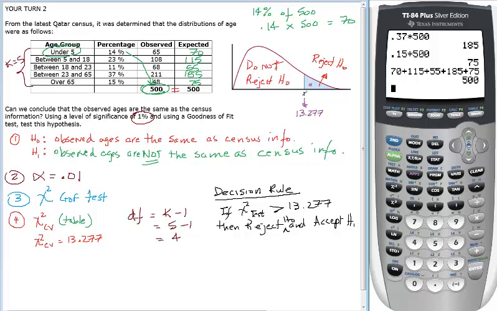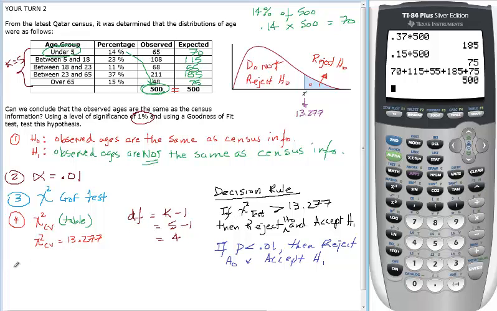Now, if you're just using the p-value test, then your decision rule is very similar, except we should know it by now. If p is less than alpha, which is 0.01, then reject H0 and accept H1.